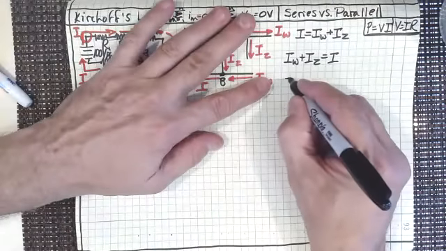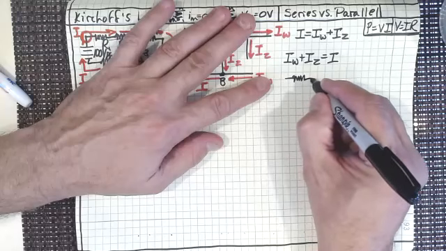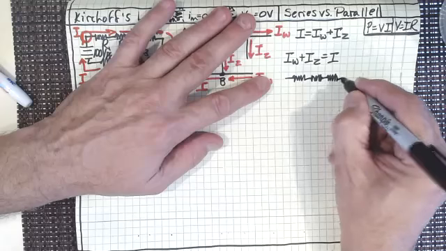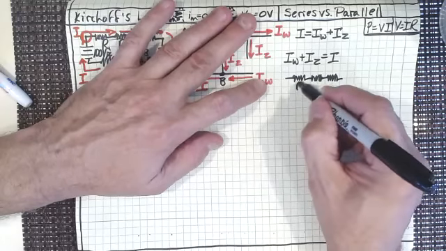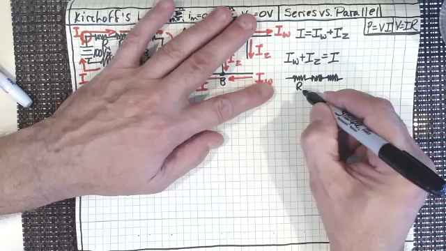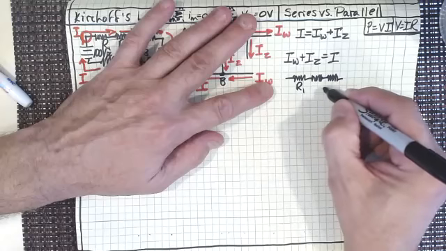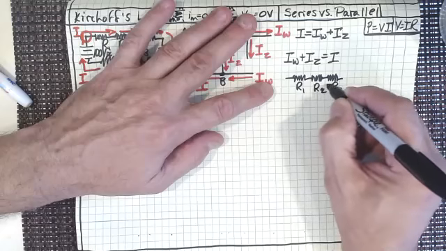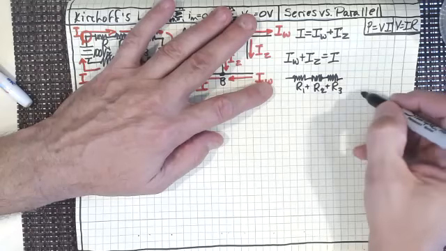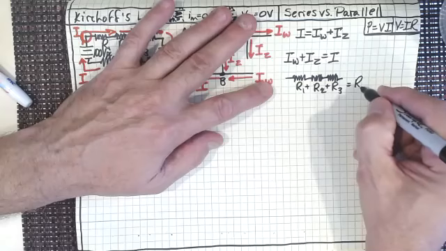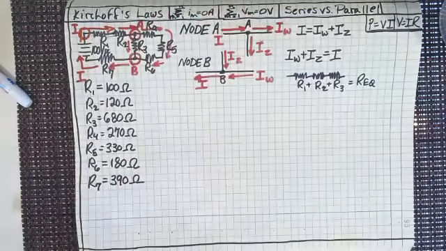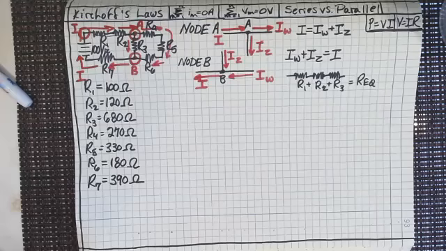So we know if we have resistors in series that each one of those is going to add together to give us our total, our equivalent resistance. R1 plus R2 plus R3, right, in series is going to be equal to R equivalent or R total. That's how we add resistors in series.